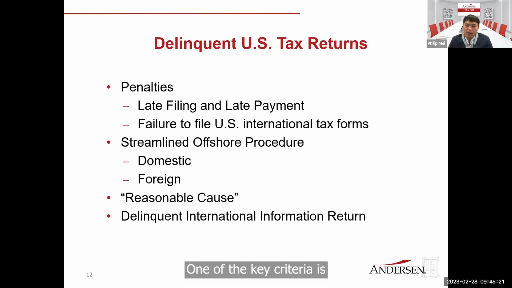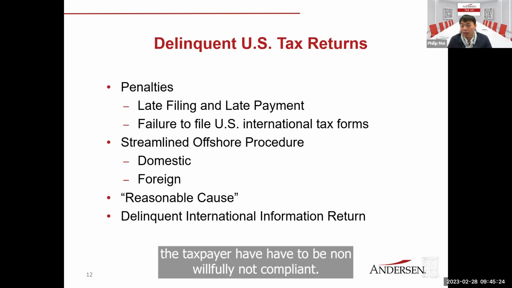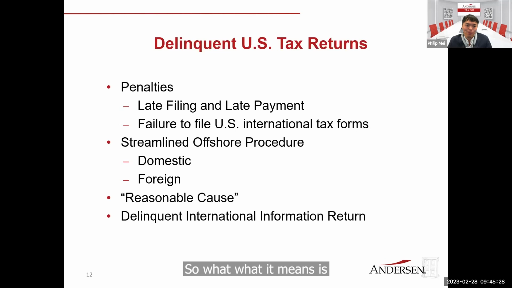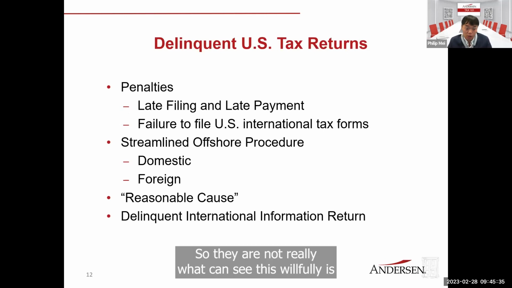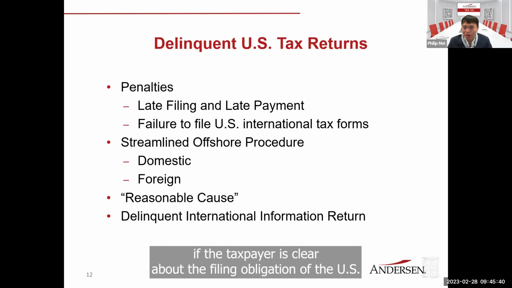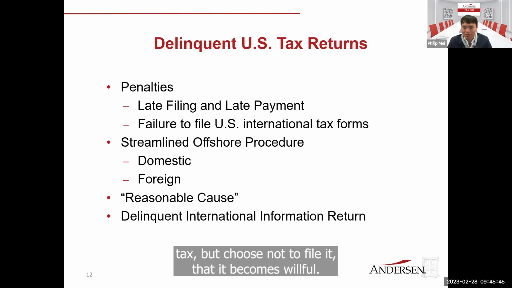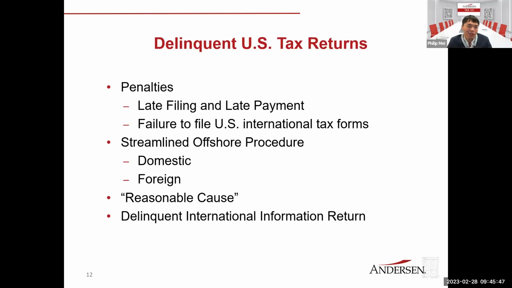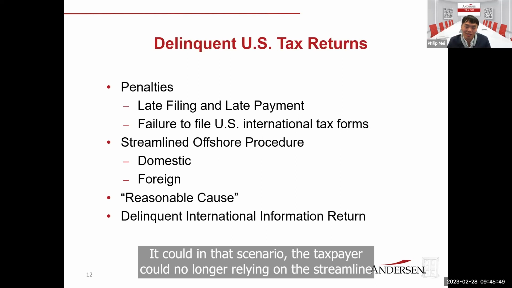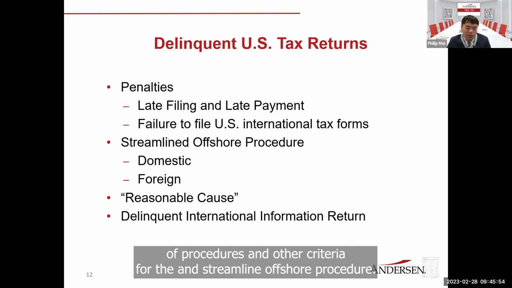So one of the key criteria is the taxpayer has to be non-willfully non-compliant. What that means is the taxpayer could be not aware of the filing obligations, so they are not willful. What is considered willful is if the taxpayer is clear about their US tax filing obligation but chooses not to file. In that scenario, the taxpayer could no longer rely on the streamlined offshore procedures.